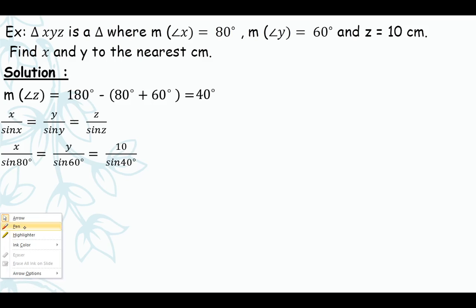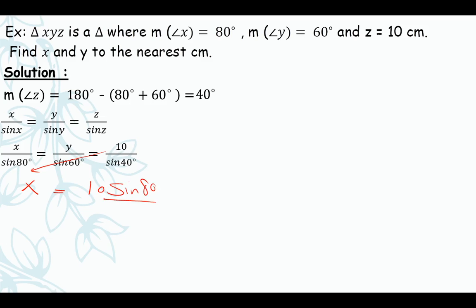x equals 10 multiplied by sine 80 over sine 40. Also, y equals 10 multiplied by sine 60 over sine 40.